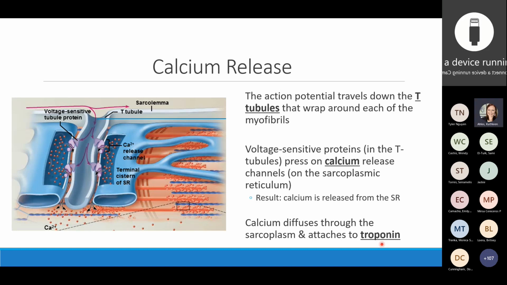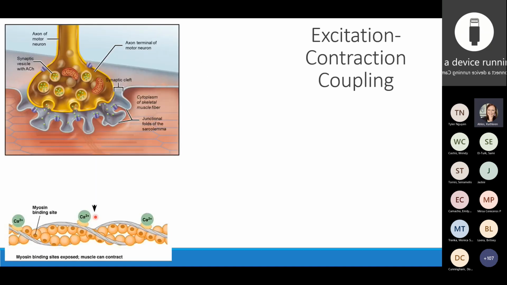So my action potential, my change in membrane charge, has to not only be on the sarcolemma on the outside, it needs to go all the way down into those T-tubules so that every part of my muscle fiber releases calcium. So let's look big picture at what we've just talked about with excitation-contraction coupling.